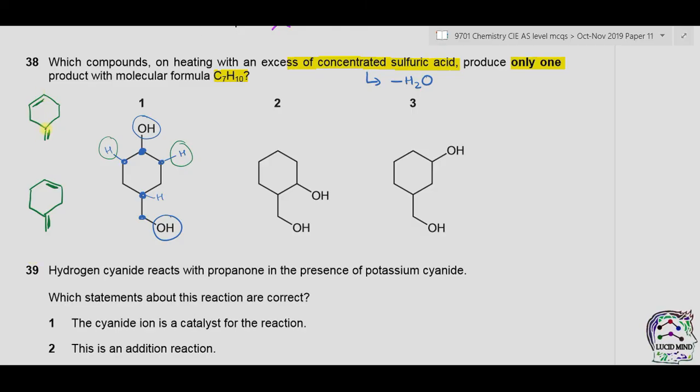Now let's find out the position of the double bond. This is first carbon, second, third, fourth and fifth. So the double bond is present between first, second and fourth, fifth carbon. In the second structure, again the double bond is present between first and second carbon and fourth and fifth carbon atoms. In total we have 7 carbon atoms in both the structures. So the formula is C7H10.